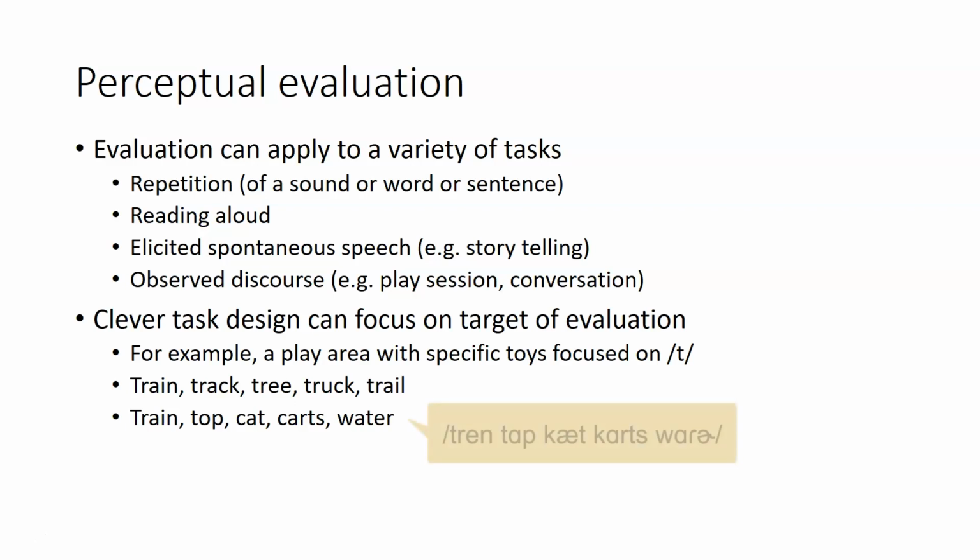Or something like a train, a top, a cat, a cart, some water, where the T sound is in different positions in different words. So if you have little toy objects in that play area, you can ask the kid to name things or tell them to pick up certain things, and then try to have a discussion about them.